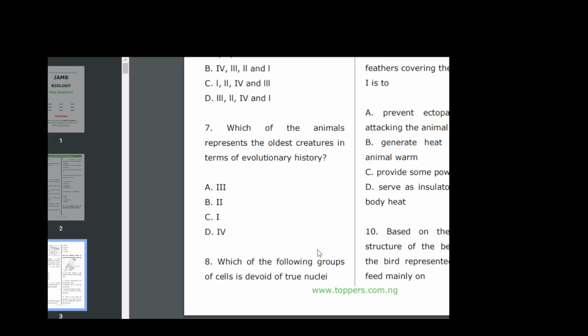Now, we have several theories of evolution that have been postulated. The foremost, the one that we studied, is Lamarck's theory. He was the person that started the study of evolution, and he made some postulations, and then we went further to study what we refer to today as neo-Darwinism, the modern day evolution. Are we together?